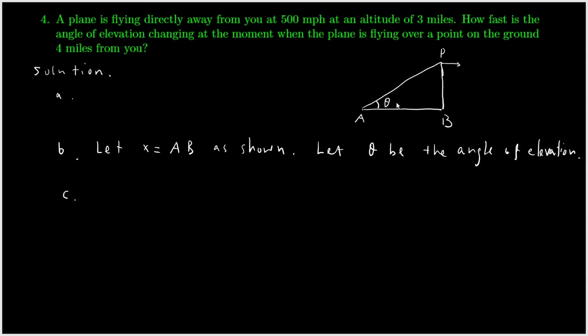In step C, we are trying to represent the given rate of change and the rate of change we are looking for in terms of derivatives. What are we given? We are given the number 500 miles per hour. This is the rate of change of the distance between A and B. We use x to denote the distance between A and B, so we are given the rate of change of x.